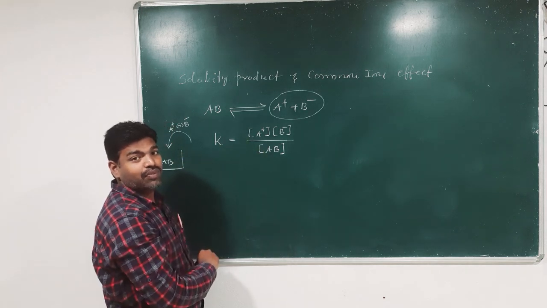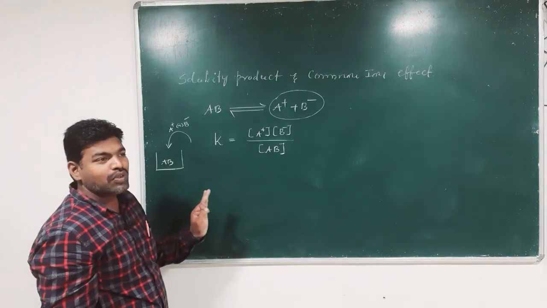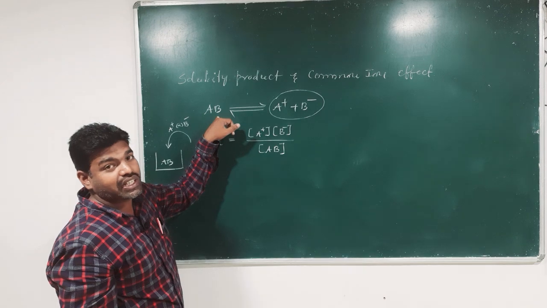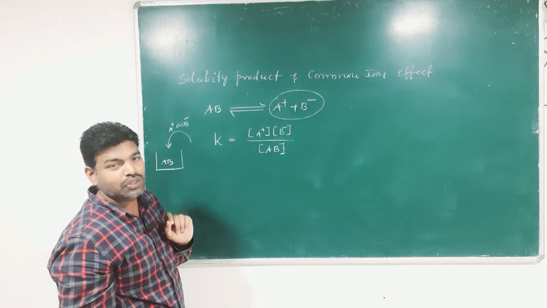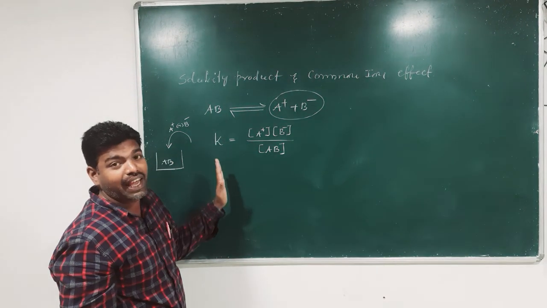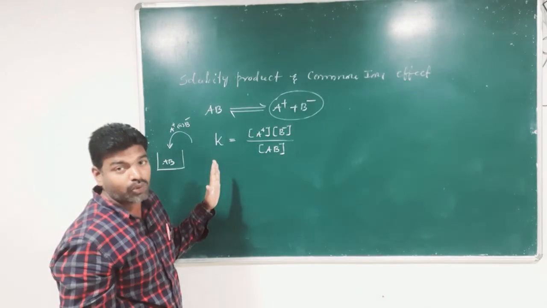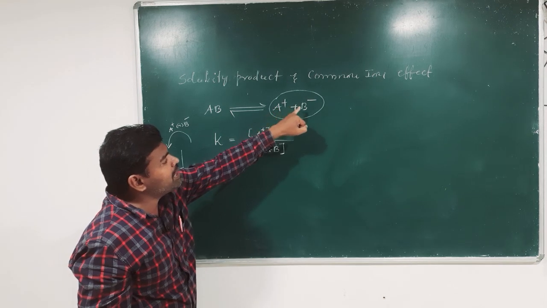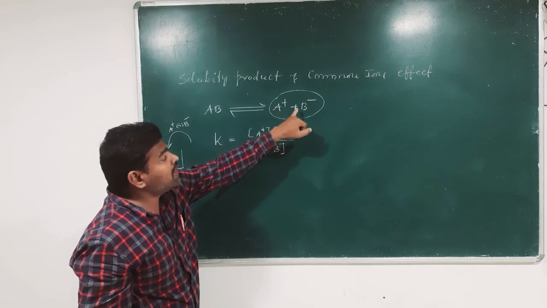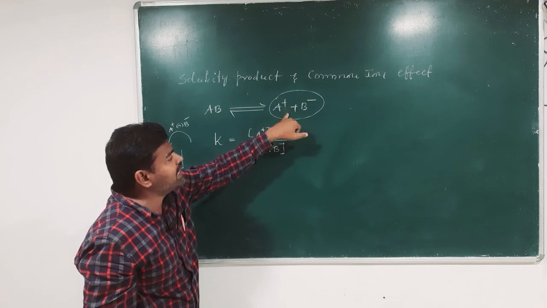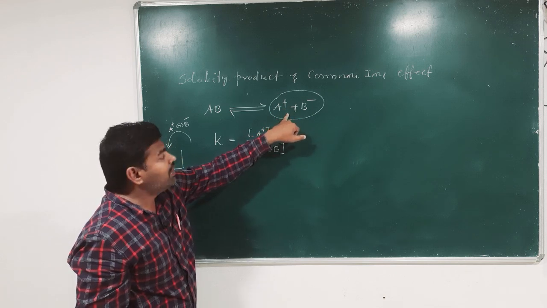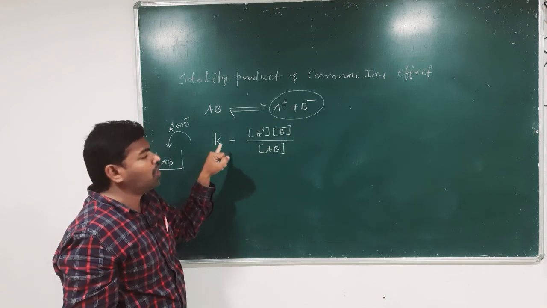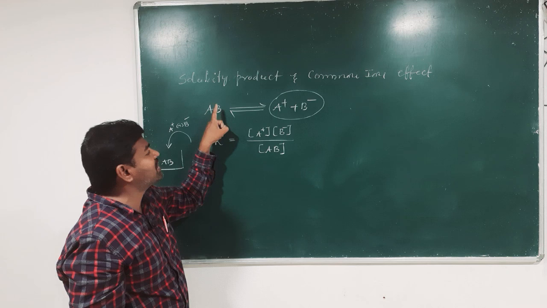K is an equilibrium constant, so with the increase in products, in order for K to be constant, we should increase the concentration of AB.